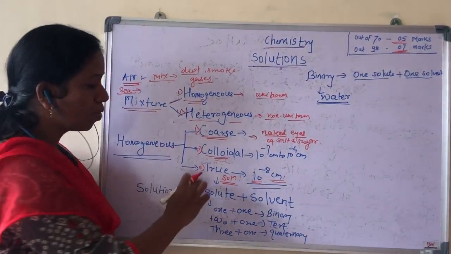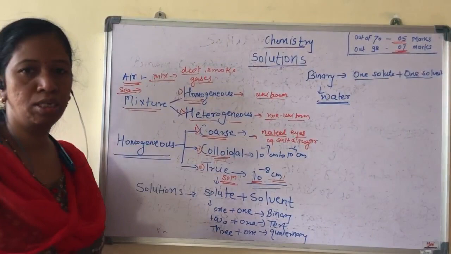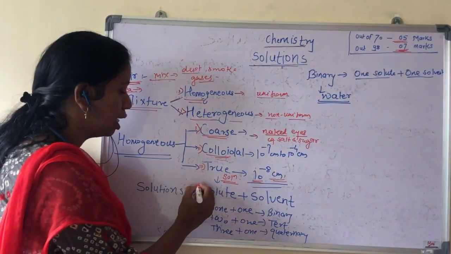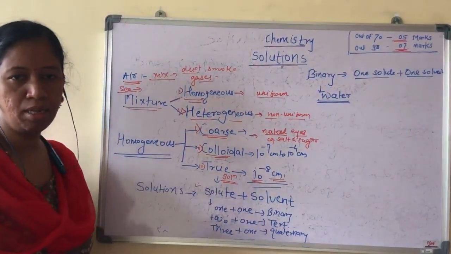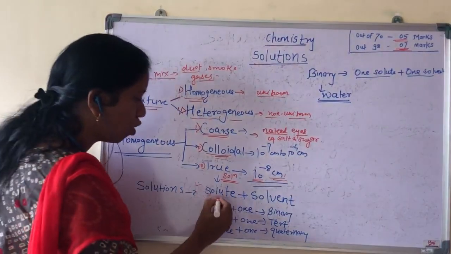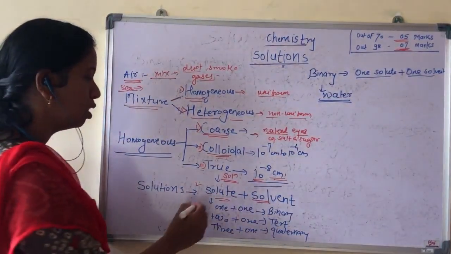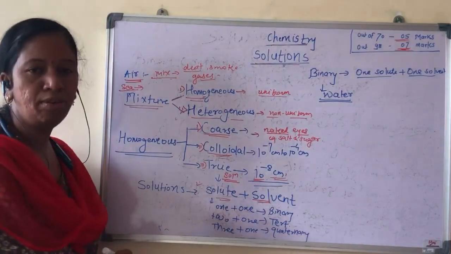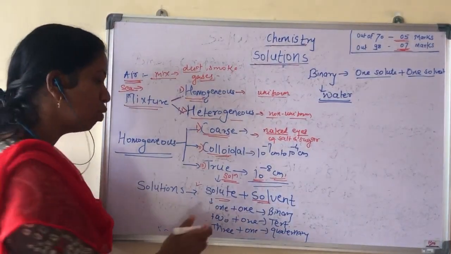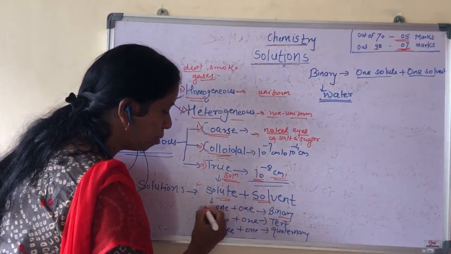Now from true solutions, we say that solutions are nothing but mixtures formed from solute and solvent particles. If there is one solute and one solvent, we get a binary solution.